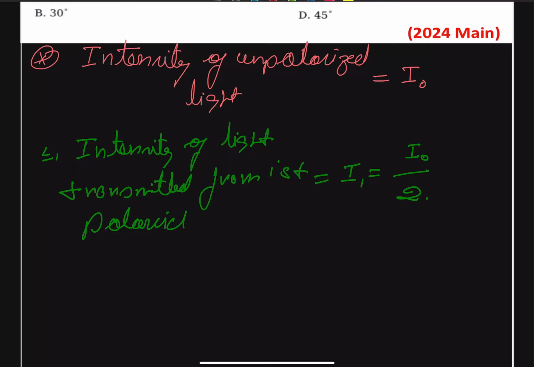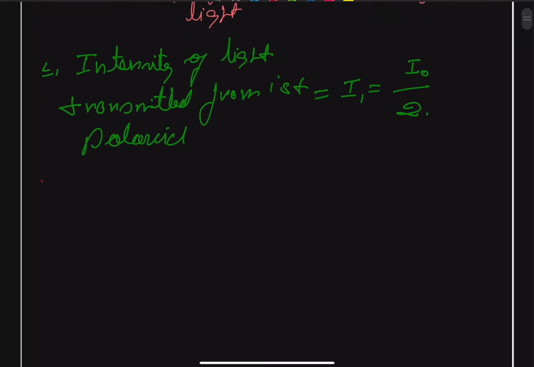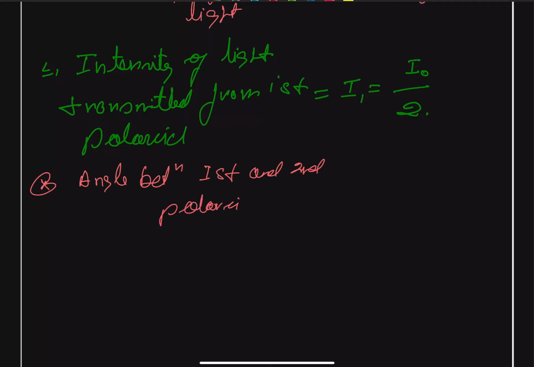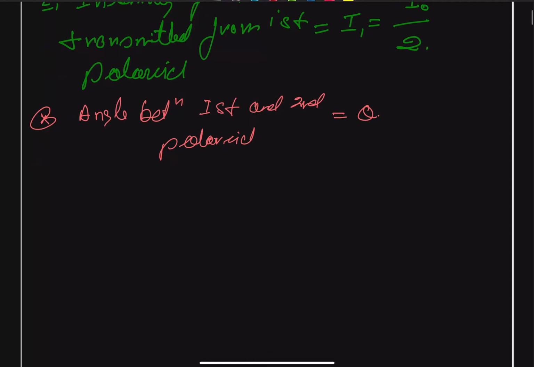And let us assume that theta is the angle between the first and the second polaroid, and the angle between the second and third polaroid is phi.